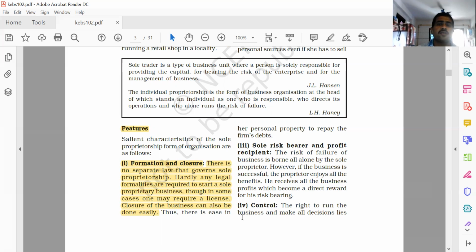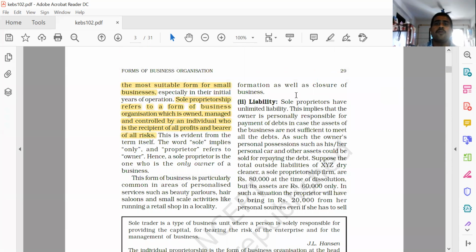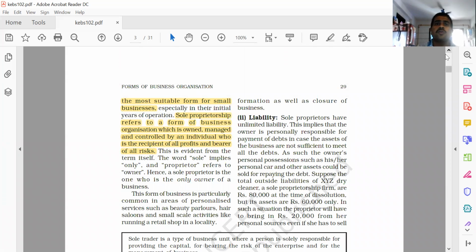Closure of a business can also be done easily. Thus, both the formation and the closure of the business are very easy.